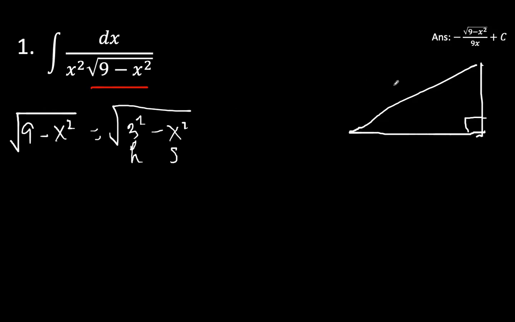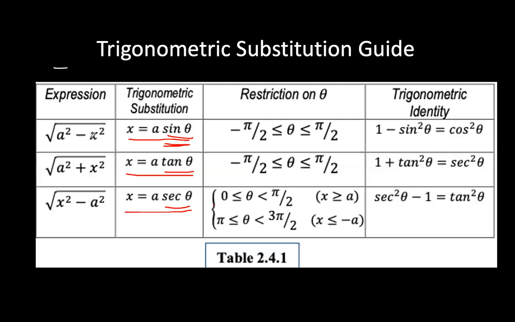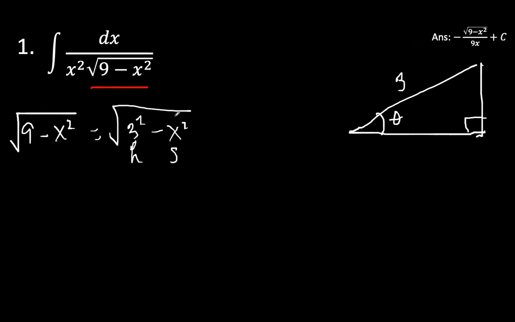Since we already identified the hypotenuse, we have here 3, and this is our angle theta. As we said, since we have the square root of 9 minus x squared, we will be using sine theta. So let's go back. Here, x is equal to a sine theta, but just remember the function associated with the expression, which is sine theta.